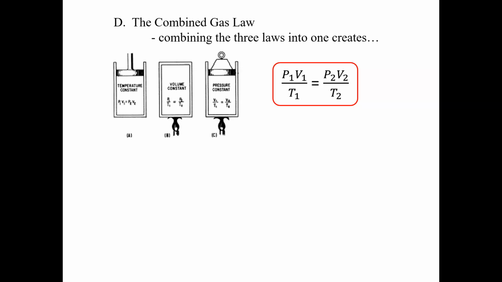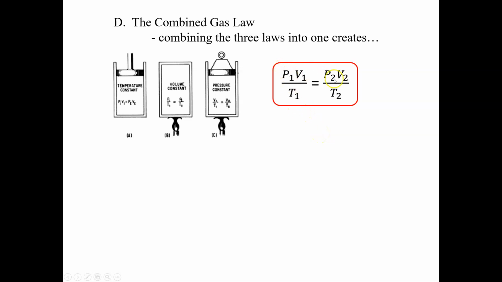Instead of having to learn three separate gas laws, we can combine them into one and use it whenever we want to. Let's say that we only need pressure and volume. Then just ignore the T's. If you ignore the T's, this turns into P1 times V1 equals P2 times V2. What if we had a situation where the pressure wasn't changing?